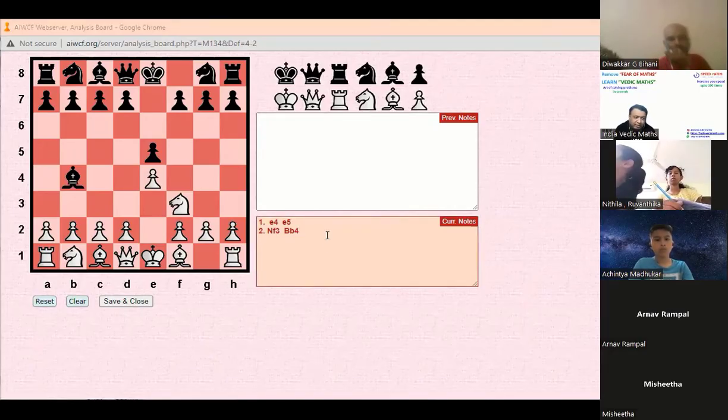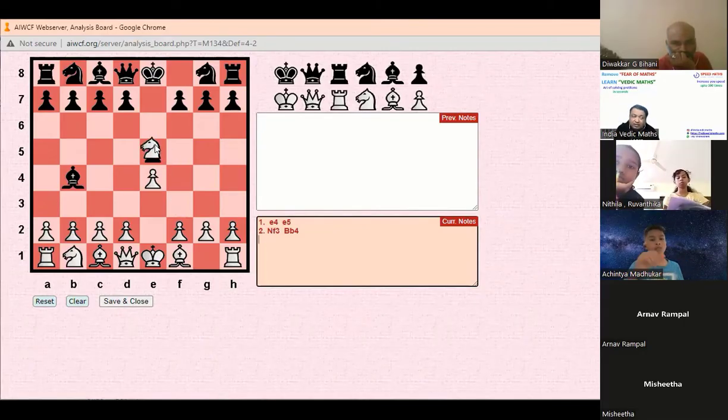Now the important point is, if white captures, listen very carefully. White captures the pawn. My knight was NF3, correct? Cross means NF3 crossed, or captured, which one? E5.